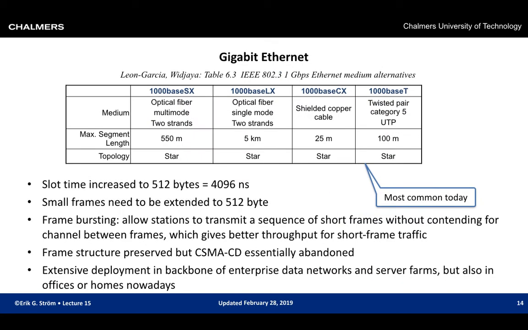So what to do then when we go to gigabit, right? The same problem occurs. And now the choice was actually to increase the slot time in the sense that we increase the number of bytes required. Now you see that the slot time is 496 nanoseconds, which is essentially the slot time we had earlier also in 100 megabit per second Ethernet.